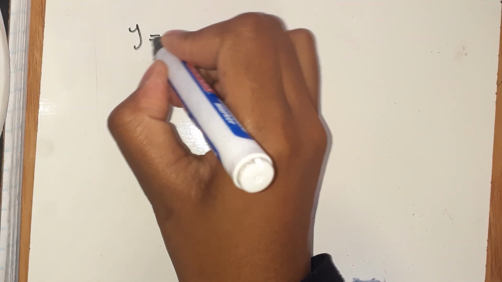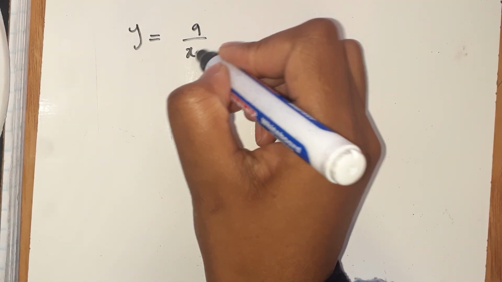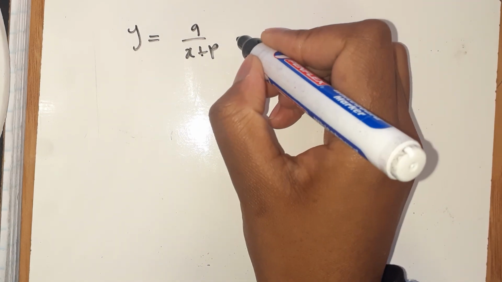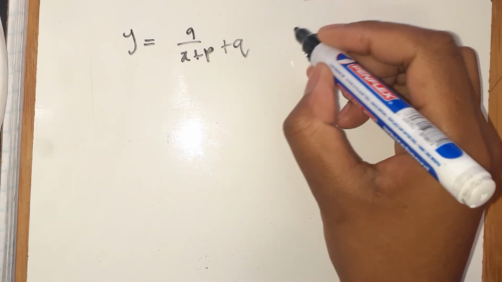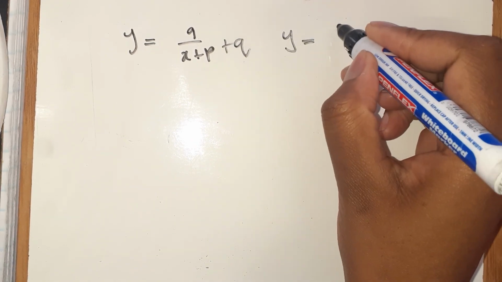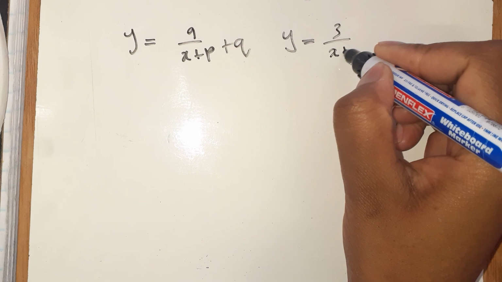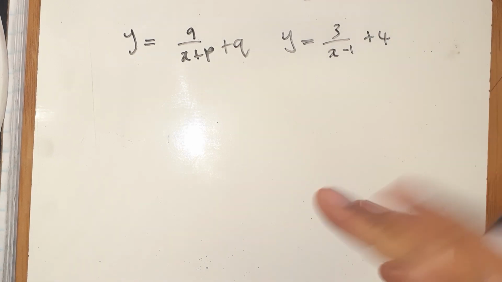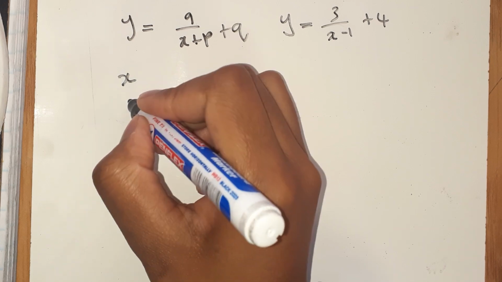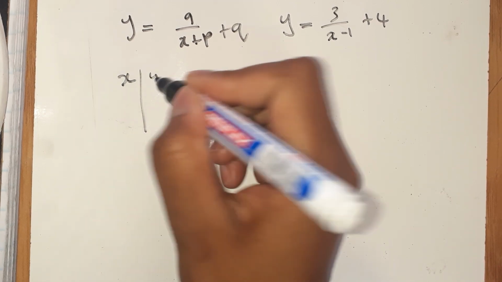You have a graph of y equals a over x plus p, plus q. So that will be y equals 3 over x minus 1, plus 4. So here are the x values, and here will be the y.